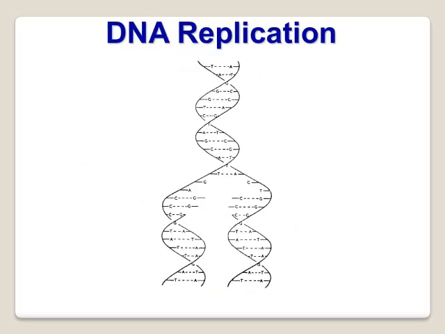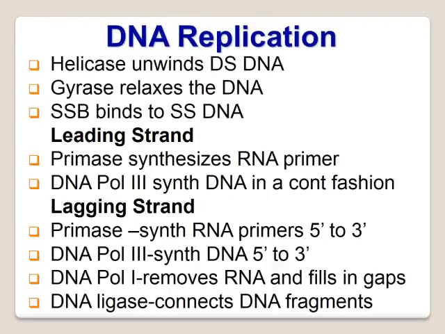All right. So, DNA replication. What makes it possible for a DNA to go from one molecule to 2 identical molecules that are identical to the parental DNA? Single-strand binding protein binds. Then we're going to cover the leading strand and the lagging strand.